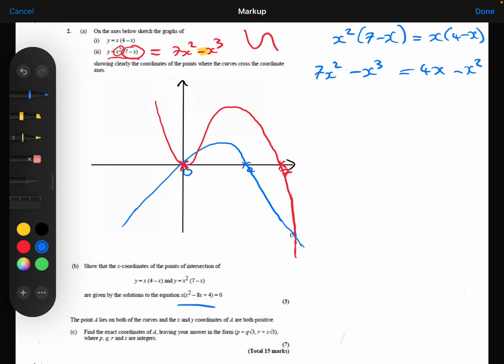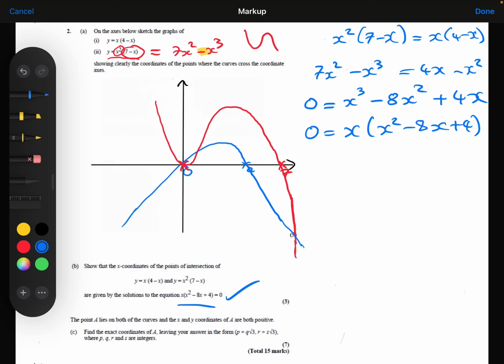I'm now going to add x cubed to both sides, and I'm going to subtract the 7x squared from both sides. Which gives that. I can now factorise an x from each of these terms. And we can see that is what I needed to show.